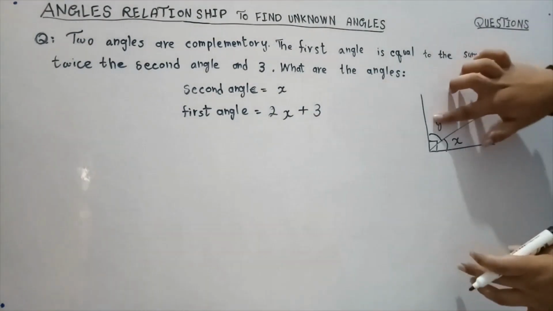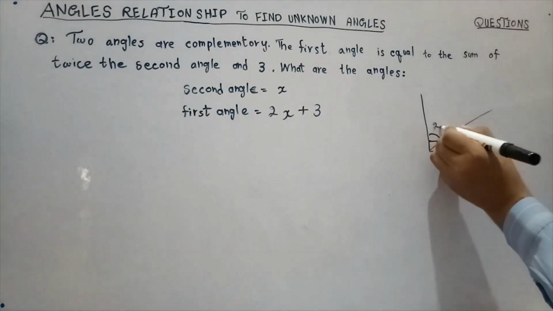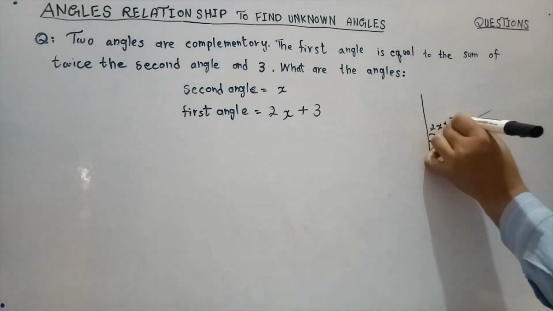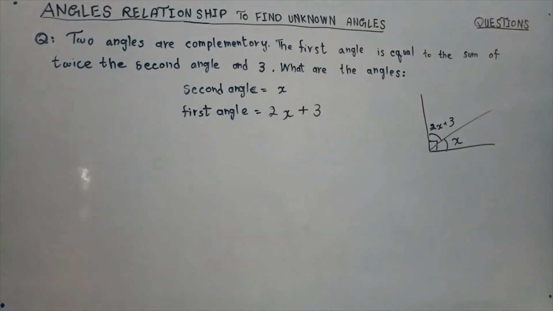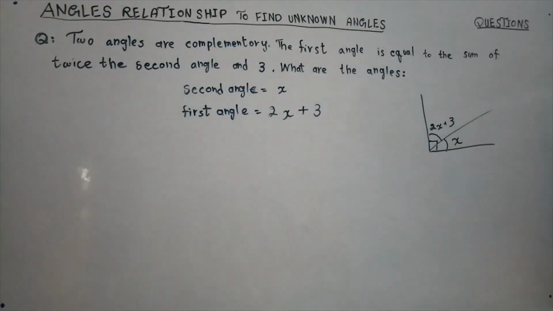So the first angle is equal to 2x plus 3. Because they are complementary angles, the sum of these two angles will be equal to 90 degrees.